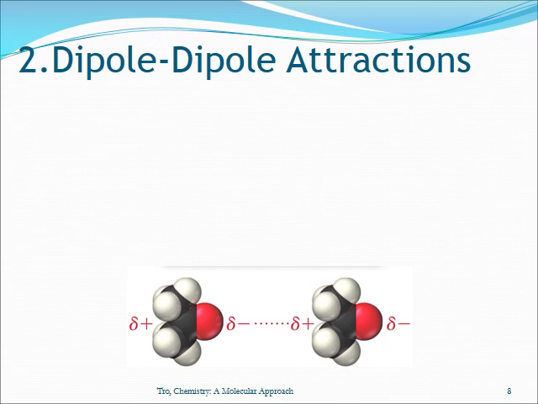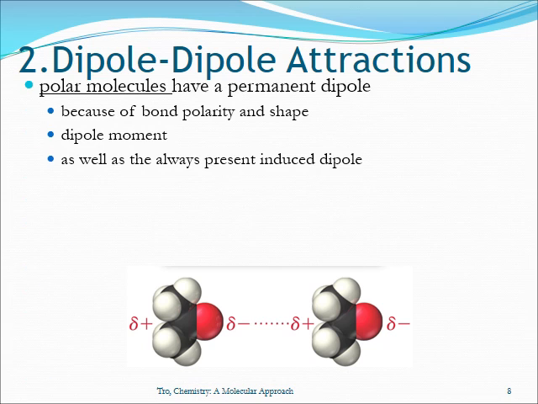Number two, this is the second. So we had London dispersion as number one. The second one we're looking at here is dipole-dipole attractions. The thing you want to remember on this is polar molecules have a permanent dipole, two poles, plus and minus on one location. Because of that bond polarity and the shape, the dipole moment will always exist, and that's pretty nice.